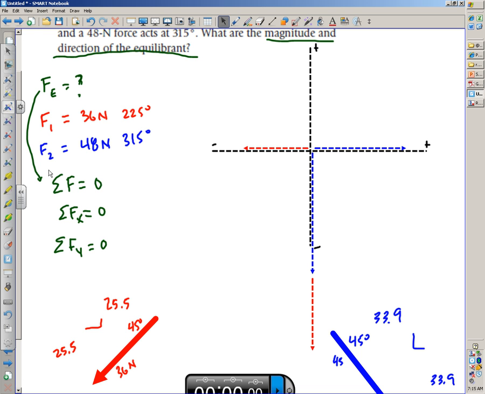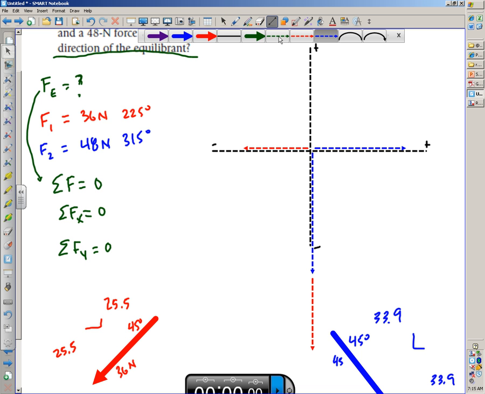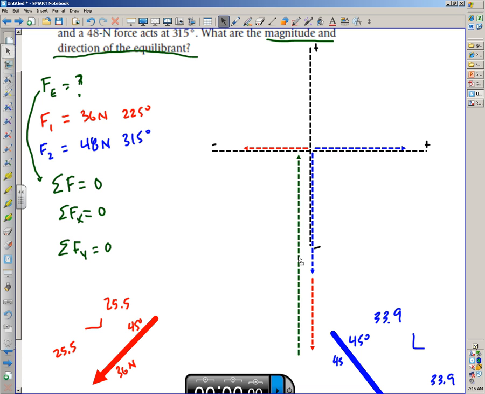That means that if we are going to produce equilibrium on the y-axis, we need to have a force that counteracts the 2 of those together. So it's got to start here and it's got to go all the way back up here. This green dotted one would counteract the two vertical components of those two original forces.